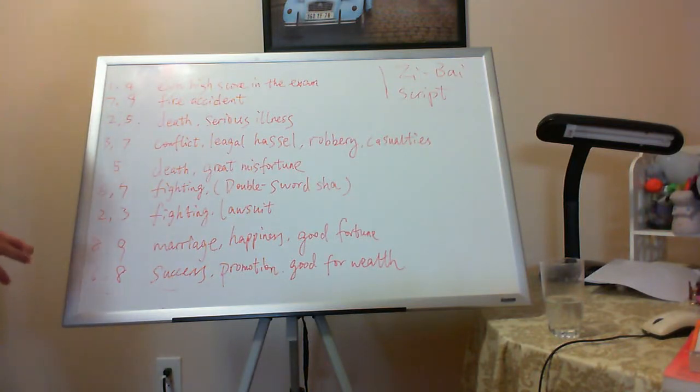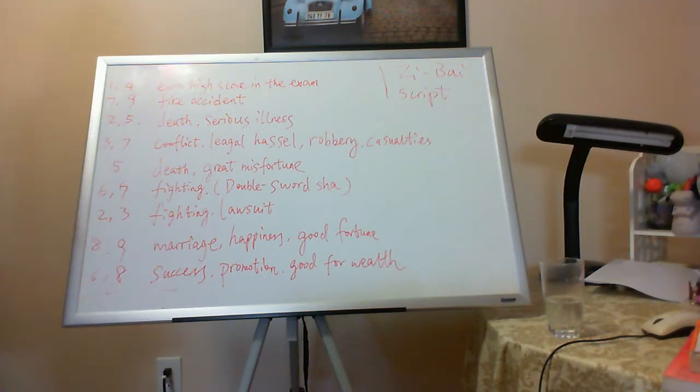If you search online for Zi-Bai script feng shui, it should give you all the script. I just picked some typical ones here to show you how to do the analysis instead of trying to memorize the script itself.